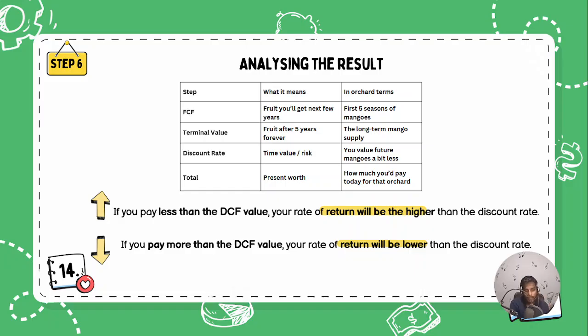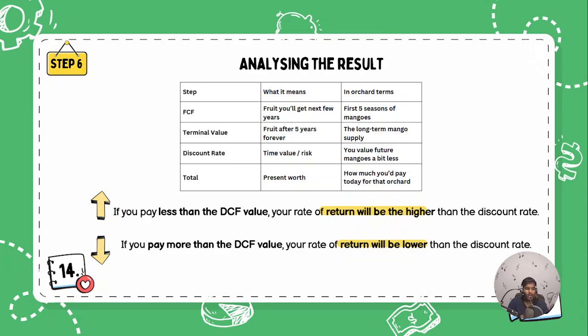Simple. So if you pay less than the DCF value, your return will be higher. Suppose the company has said that 5 lakh crore rupees we will earn in 5 years. Okay, terminal value is also so and so. I got my discount rate this much. I will analyze everything, growth rate, and mix, and I divide by the number of shares in the company's share capital.